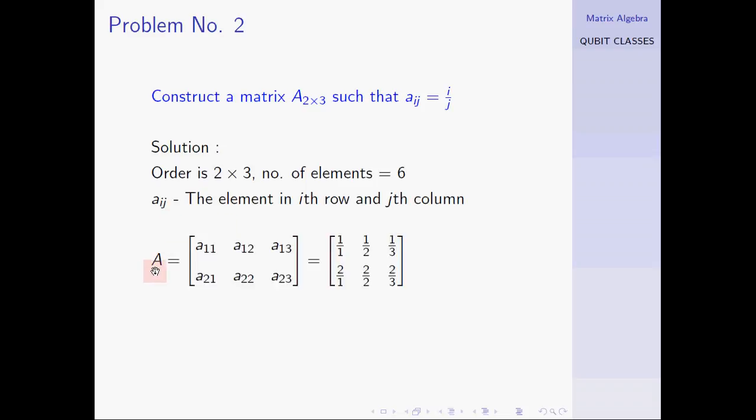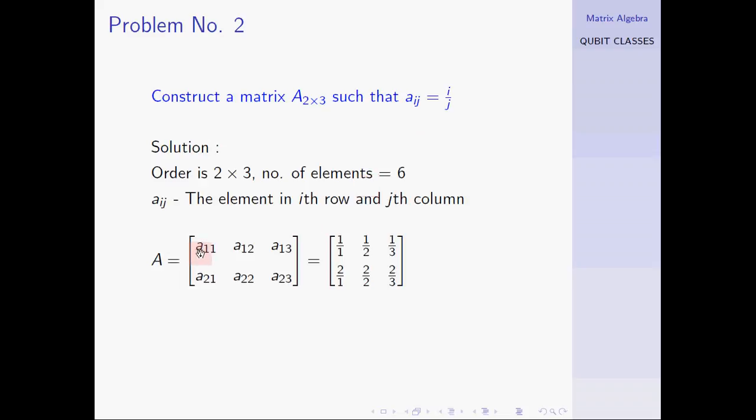Now, let us symbolically write down the elements of A. So A will be a11, a12 and a13. These are the elements in the first row. Then in the second row we will have a21, a22 and a23. Now the condition in the problem is that aij must be equal to i by j.